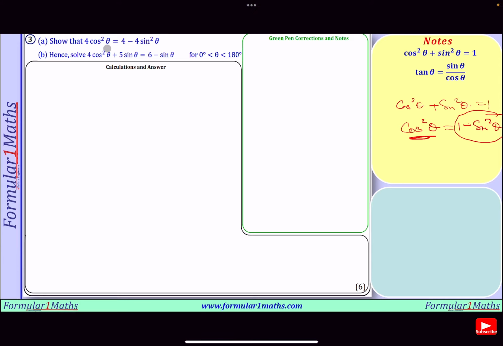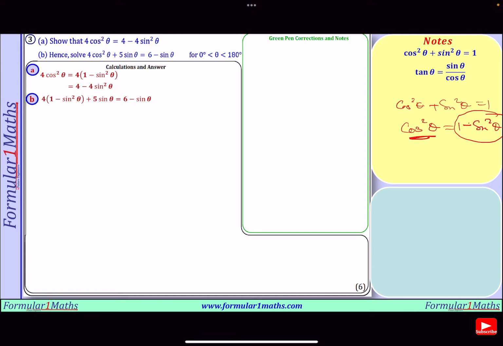If I do that, I'll get 4 cos squared theta equals 4, then instead of the cos squared theta, I'm putting 1 minus sine squared theta. Then if I expand that, I'll get 4 times 1 equals 4, and 4 times minus sine squared theta equals minus 4 sine squared theta, and that's the required answer.